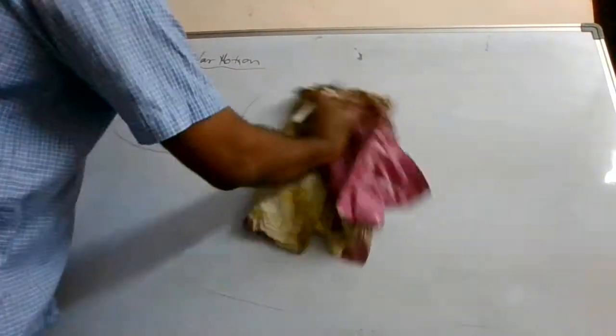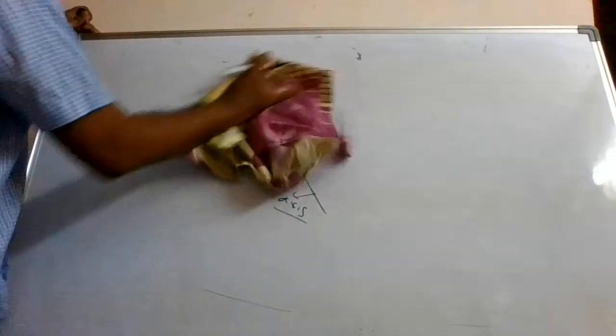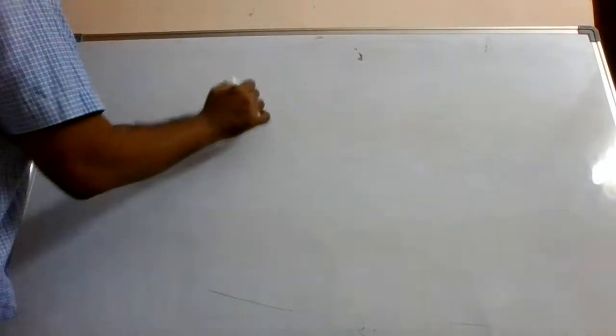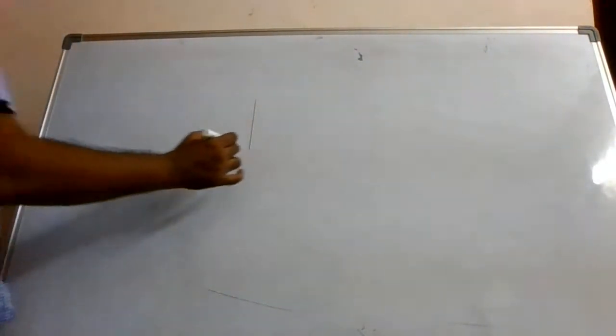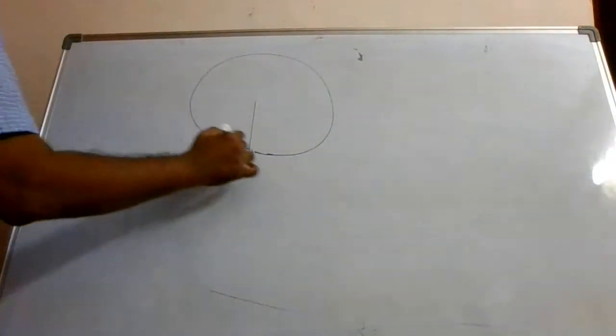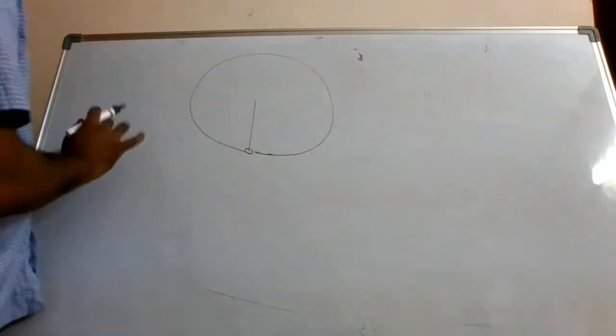If you talk about a circular motion, this is that wire, this is that stone, and you are rotating this in this fashion. So this is a vertical circular motion.